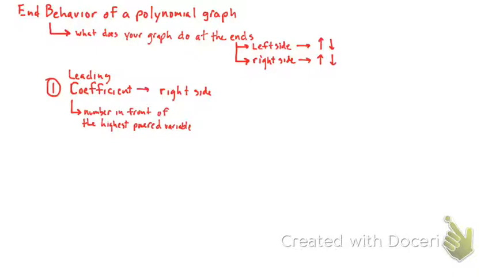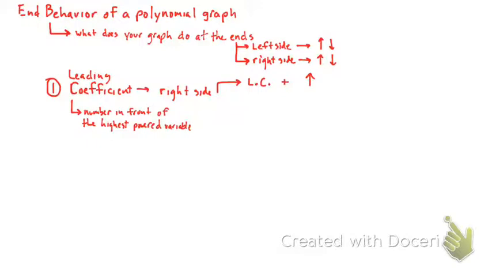So the leading coefficient tells you if the right side is going up or going down. So how do we know? There are two options. Option one, if the leading coefficient, we'll call it LC, is positive, then the right side of your graph is going up.